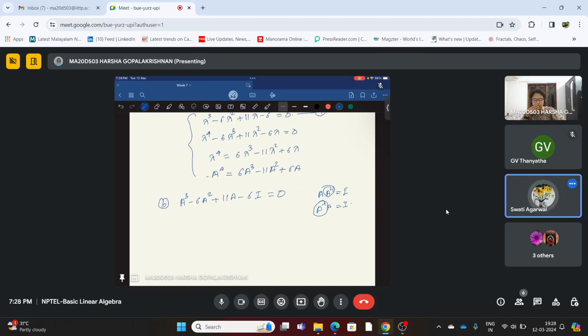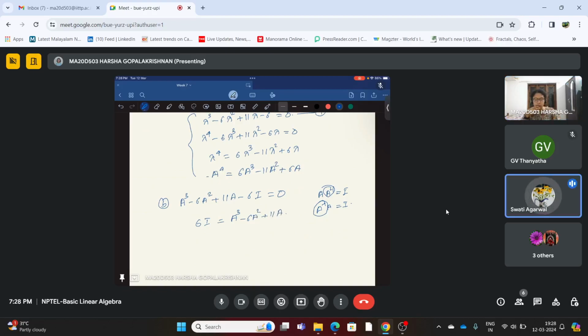If we put it as 6I equal to A cube minus 6A square plus 11A. Yeah.